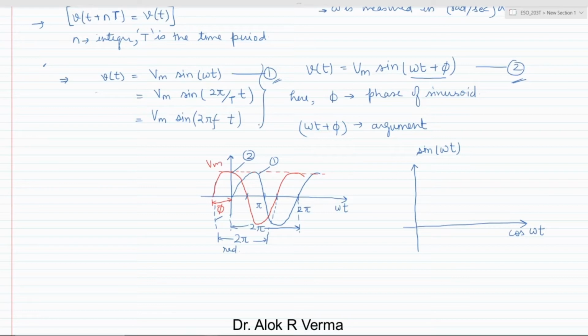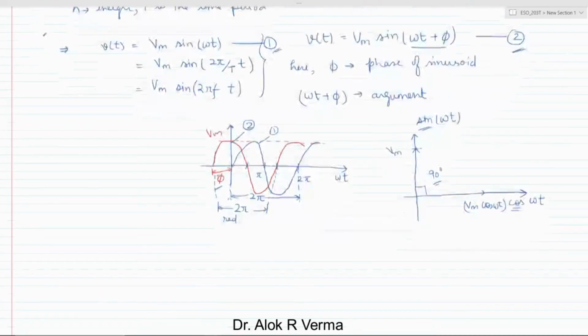So Vm sine omega t will fall here, and here Vm cos omega t. So they are actually having a phase difference of 90 degrees, the sine and the cos. So if this phi is 90 degrees, one is represented as cos, and the signal which is passing through the origin 0 is nothing but the sine function of the sinusoid.